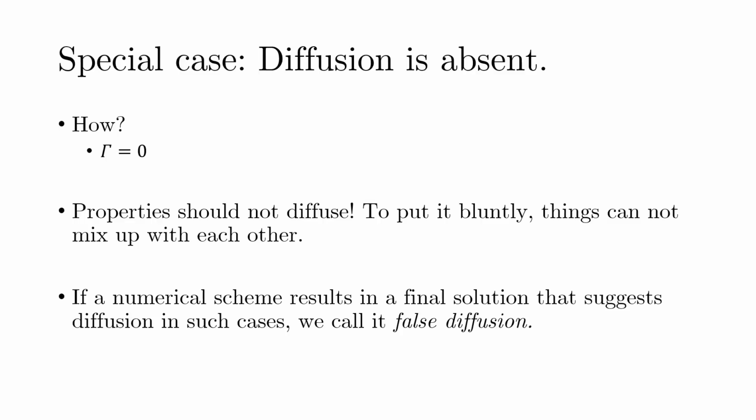So now we want to see whether the numerical scheme is actually able to capture it or not. And if a numerical scheme results in a solution that suggests diffusion, then we say that the numerical scheme exhibits false diffusion. So let us say we put 10 degrees, 20 degrees here. We use a numerical scheme and it says that the temperature here is 10, here is 20, and here is something else. Let us say 15.